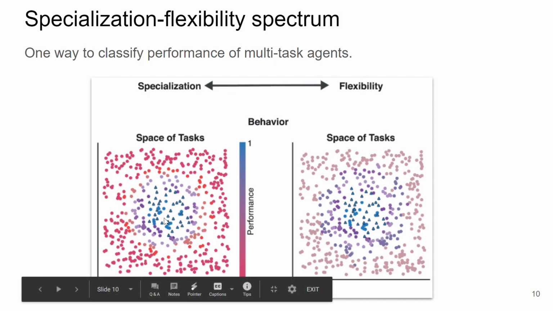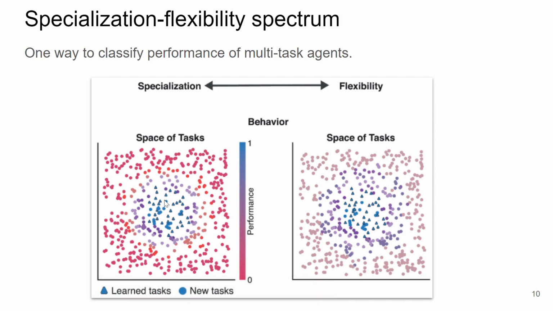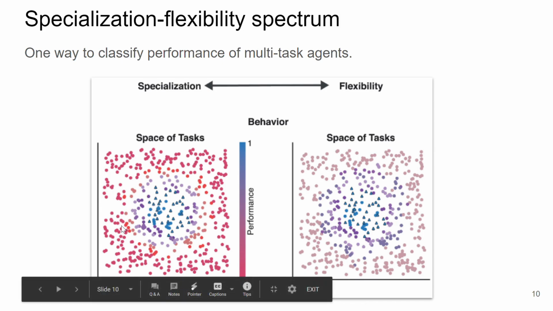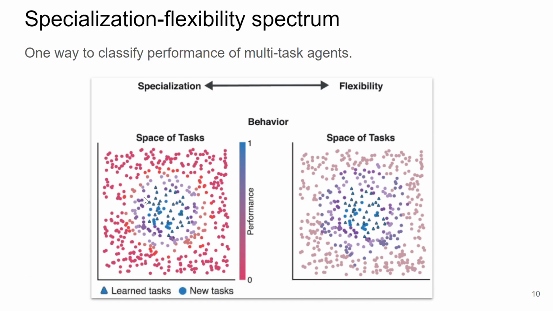If you're learning a set of tasks and you overfit to them, you get really good at these tasks so that you're unable to generalize to tasks that are different. This class of multitask learning agents they call specialized agents.